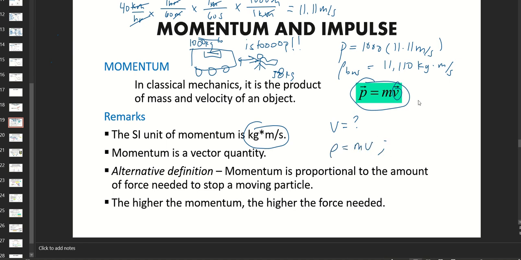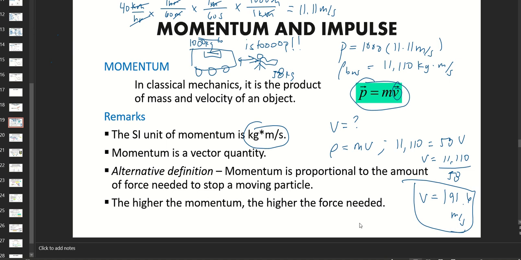Thus, if the momentum of the bus is 11,110 and the mass of Superman is 58 kilograms, your velocity is 11,110 divided by 58 kilograms, and the answer is 191.6 meters per second. Ibig sabihin, dapat yan ang bilis ni Superman para ma-stop niya yung bus.